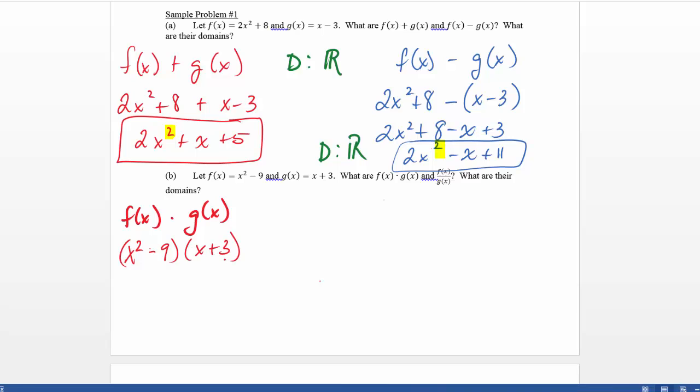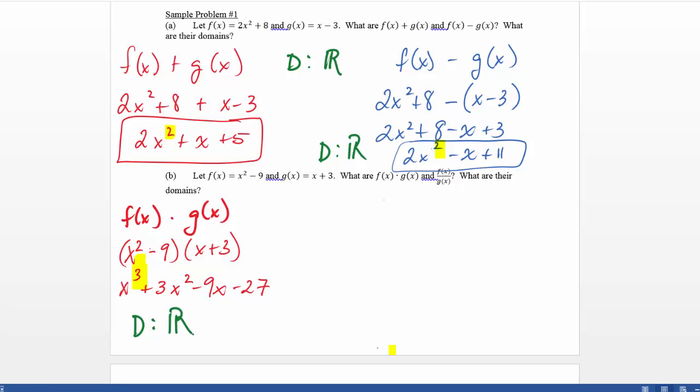And then we'll simply FOIL here. As you can see, there are no terms to combine, so that is our finished function operation. And so our domain, you can see here, is a cubic.